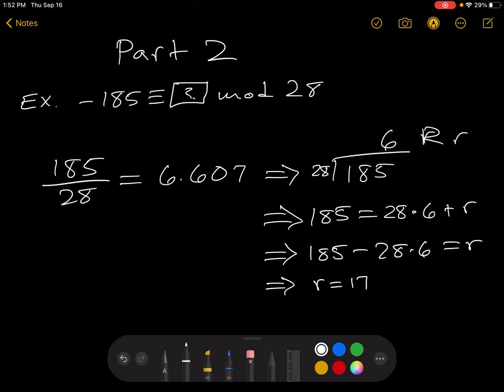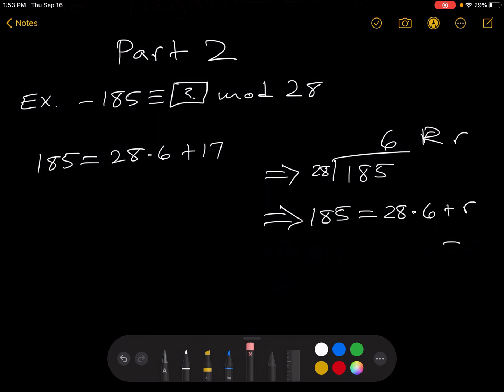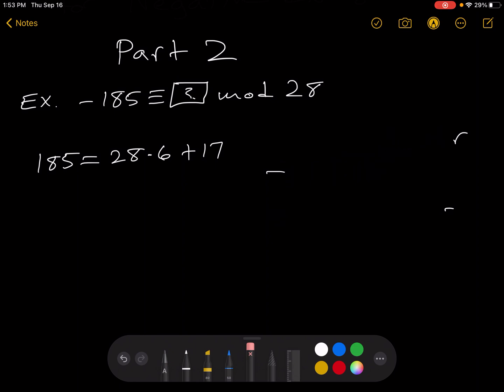So what this tells me is that 185 is equal to 28 times 6 plus 17. Now, I know what you're saying: we want to deal with negative 185. Well, how would you make 185 negative?